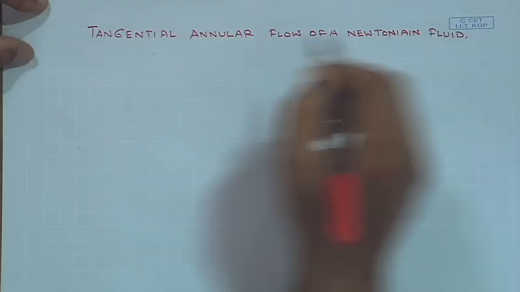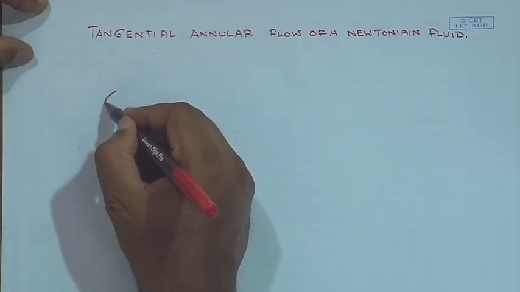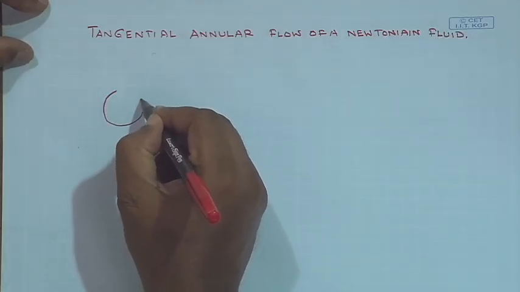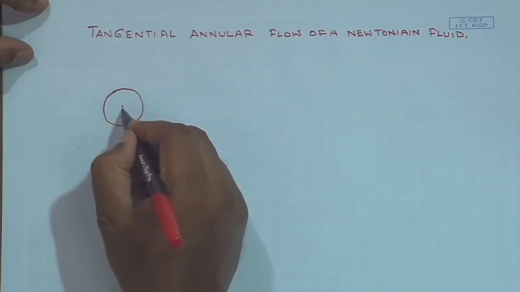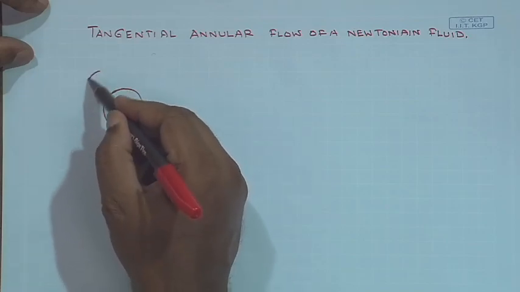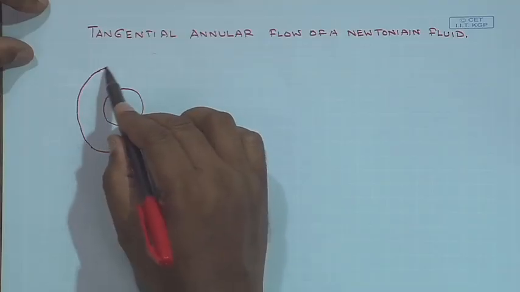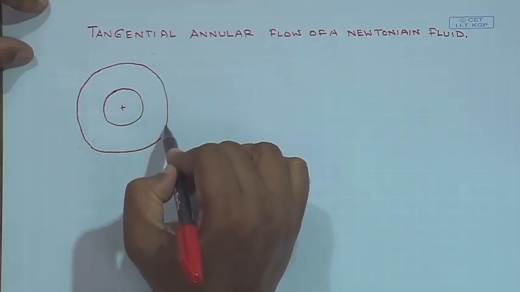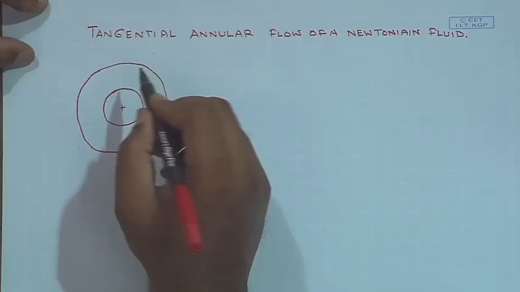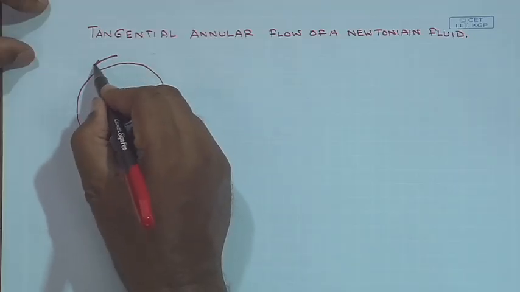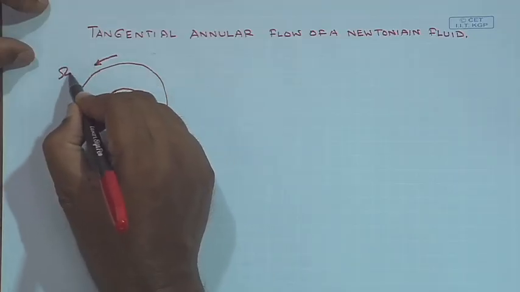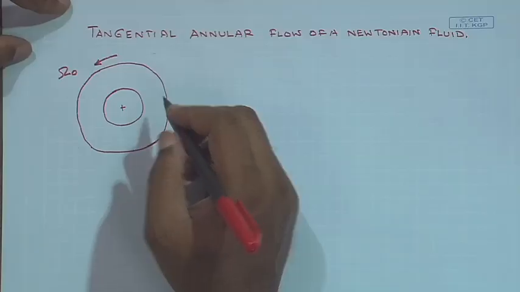And the system in which this annular flow takes place is in between two cylinders, and I am looking at the top. The outer cylinder is moving with an angular velocity equal to omega naught.